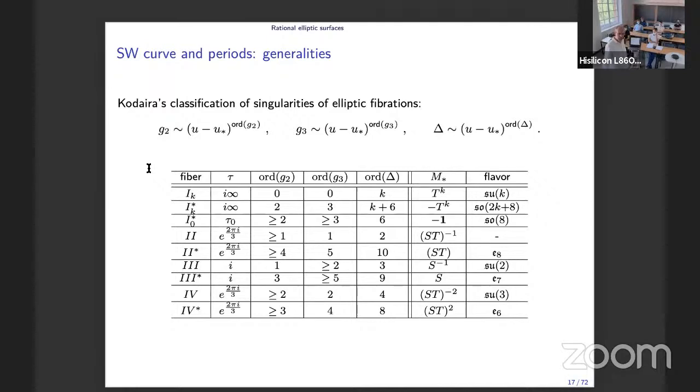For any of the singularities, you can determine just by looking at the Weierstrass form what the singularities are. This is the table, but the point is you look at how the discriminant vanishes at a given singularity, the order of vanishing, but also G2 and G3, that determines the different types.